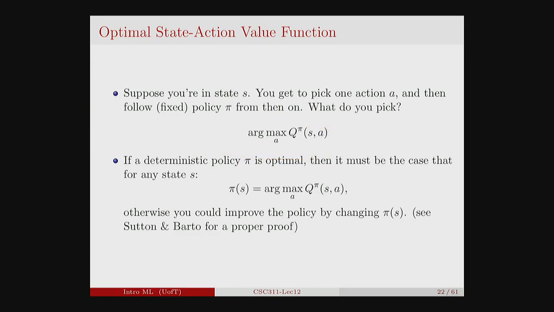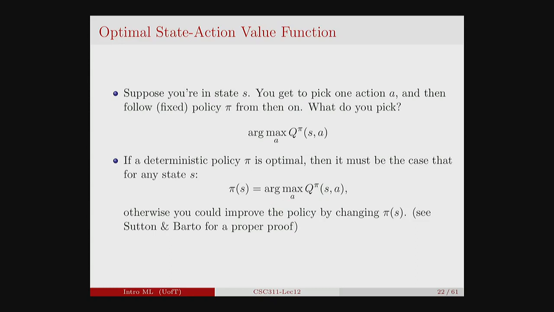Okay, so let's say you have a deterministic policy pi that is optimal. Then it must be the case that for any state S, pi of S is equal to argmax over A of Q pi of S comma A. What this is saying is that it's an extension of the first argument.